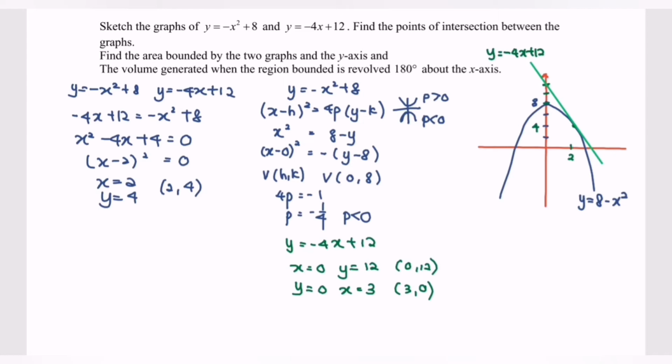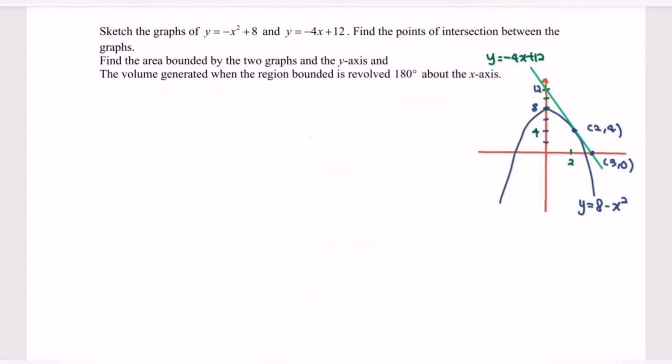So the point of intersection is (2, 4), and the x-intercept will be (3, 0). And for the y-intercept, we have 12. So now we have already sketched the graph.